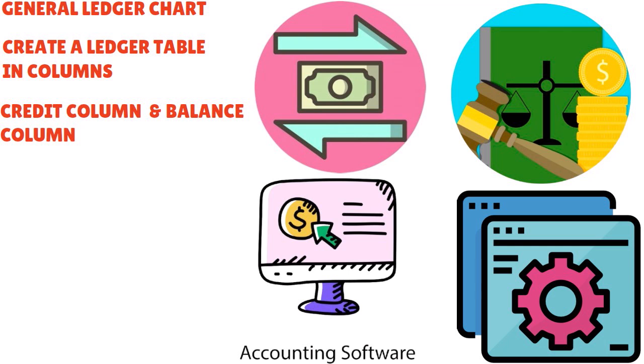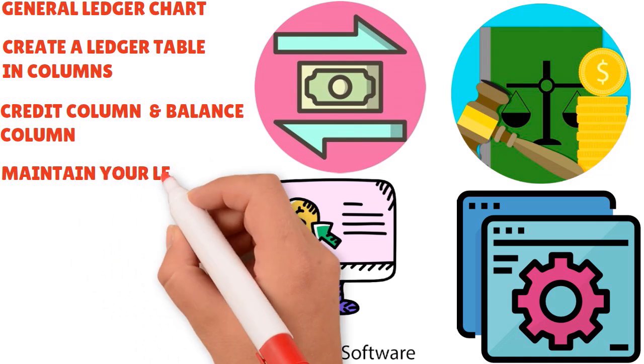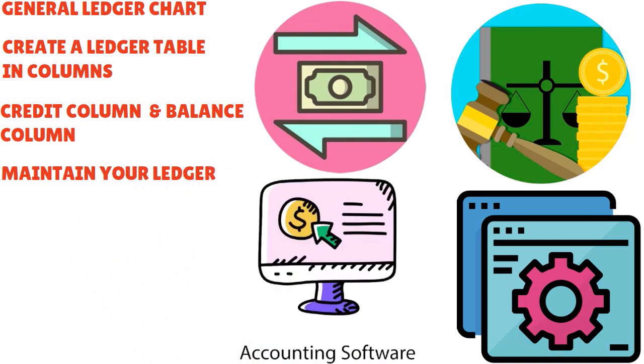So you want to record all financial transactions. Once your general ledger has been created, you want to diligently fill in the spaces, documenting all financial transactions that take place. This is the place where you consolidate all cash inflow and outflow, purchases, sales information, and other journal entries. And finally, you want to maintain your ledger over time. Adapt the ledger to suit your working style while keeping it up to date and accurate.